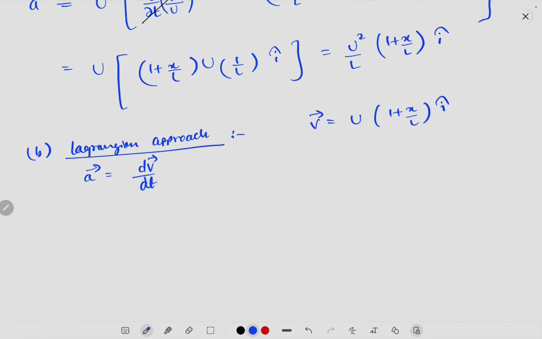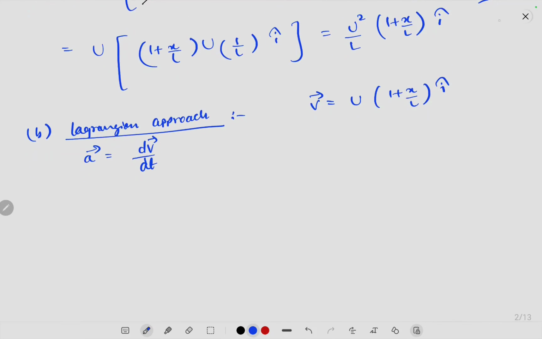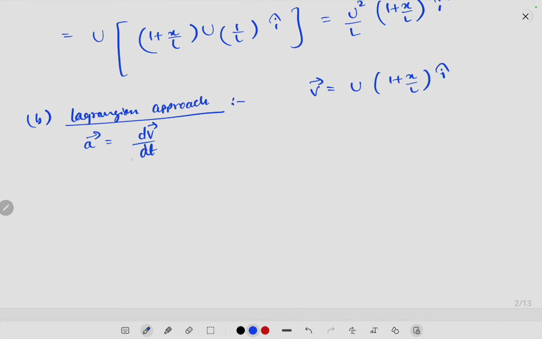Now in Lagrangian approach our velocity is only dependent upon time and not on the position vectors or the coordinates x, y, z. So then to calculate this we have to replace x with time. Okay, then only this v will be dependent only on time.